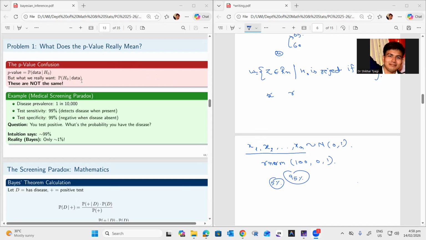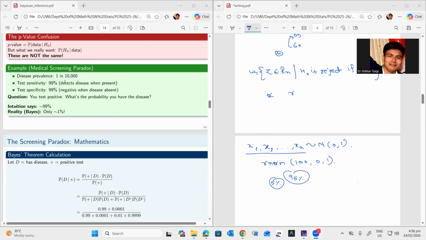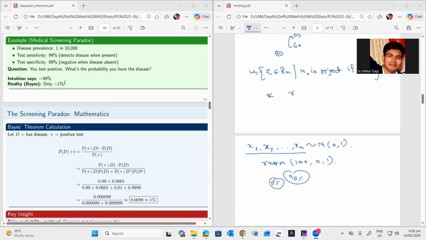We take the example of the medical screening paradox. Here we assume we take a diagnostic test that is 99% sensitive and 99% specific.